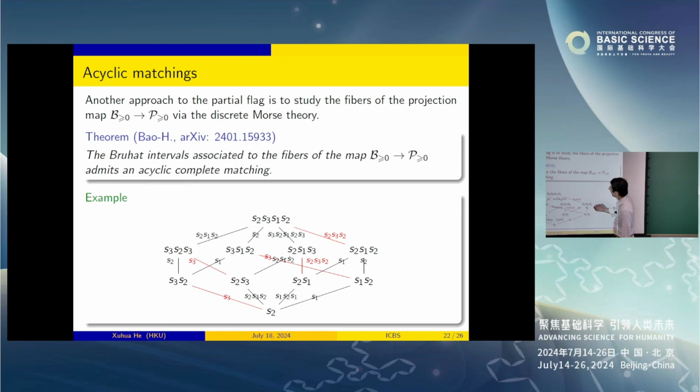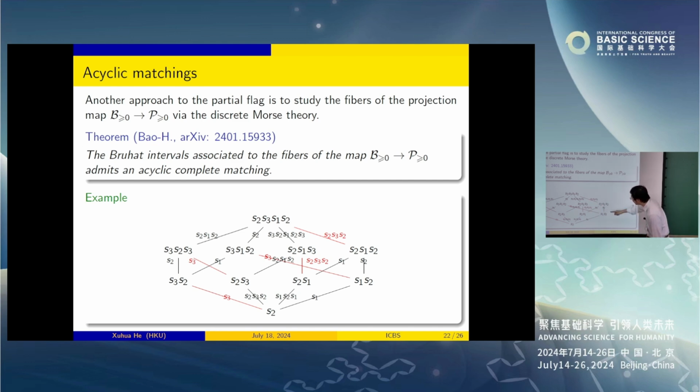Roughly speaking, this is a so-called acyclic complete matching. You look at these Bruhat intervals, and you find complete matchings between all these elements. And acyclic means that after you take this, there are no cycles.